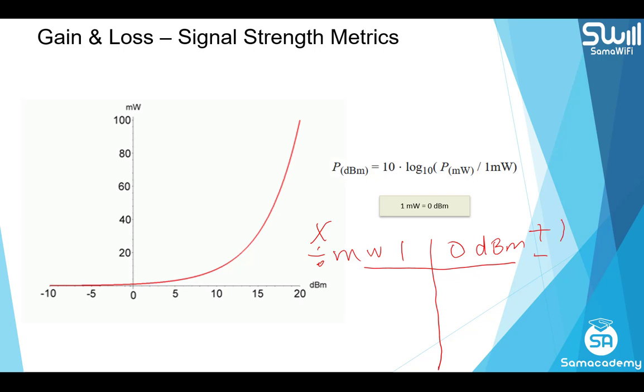If we here have 10, on the other side we will have 10. If we have 3, on the other hand we will have 2. So this is basically the template that we will use for making these calculations.